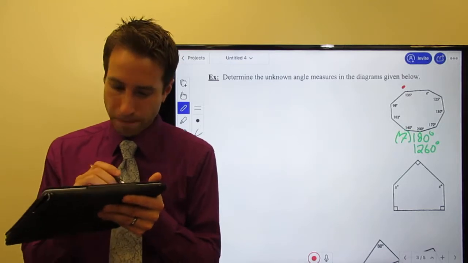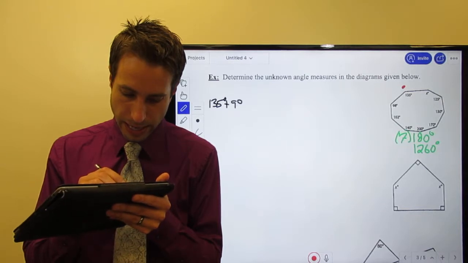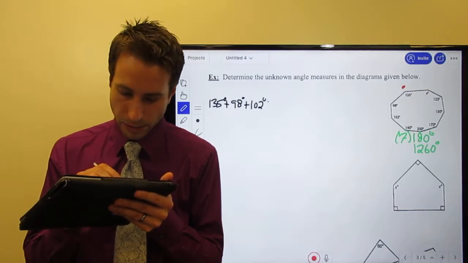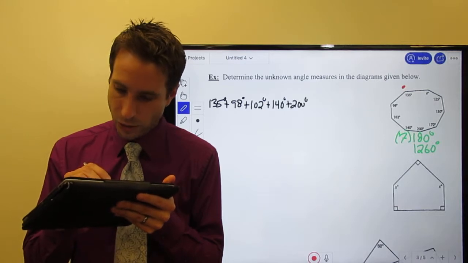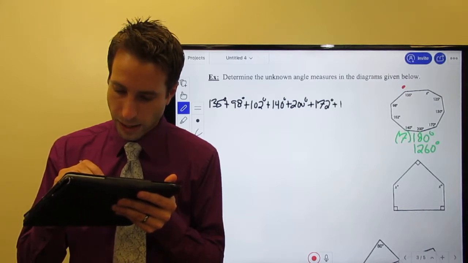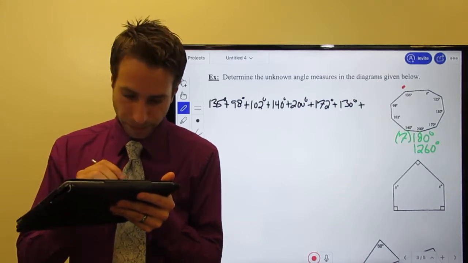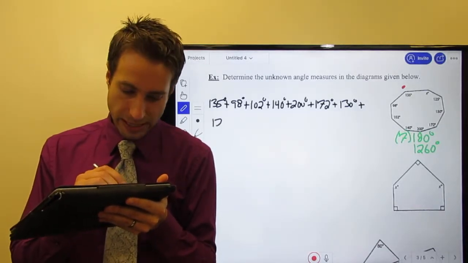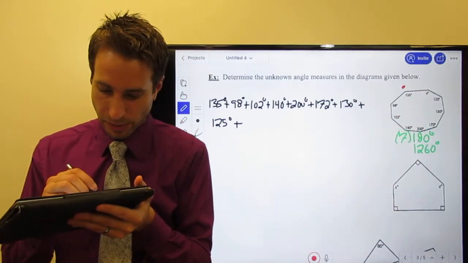All right, so my first one, 135 degrees plus 98 degrees plus 102 degrees plus 140 degrees plus 200 degrees plus 172 degrees plus 130 degrees, plus, so I don't have to squeeze, I'm going to drop down here, plus 125 degrees, plus, there's my x, plus x.